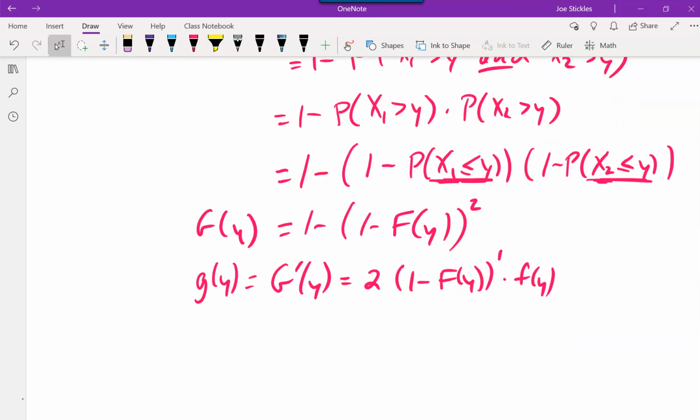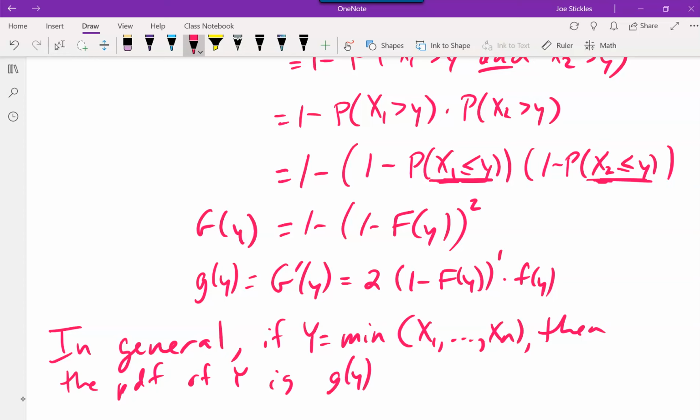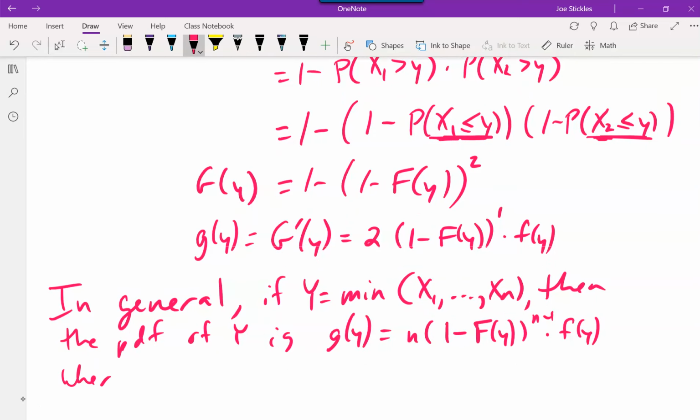So in general, if capital Y is the minimum of X1 out to Xn, then the PDF of Y is g of y equals n times 1 minus capital F of y to the n minus 1 times little f of y, where capital F and little f are the CDF and PDF of X.